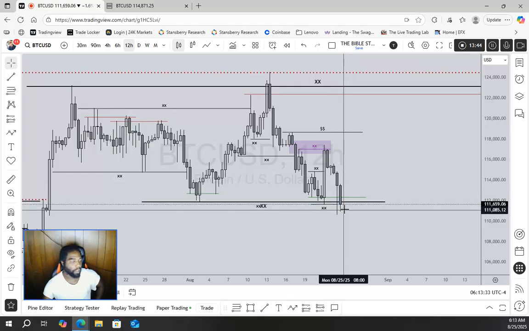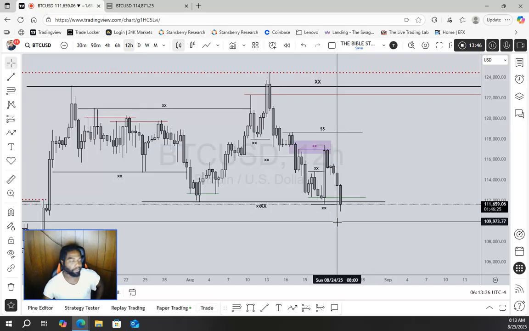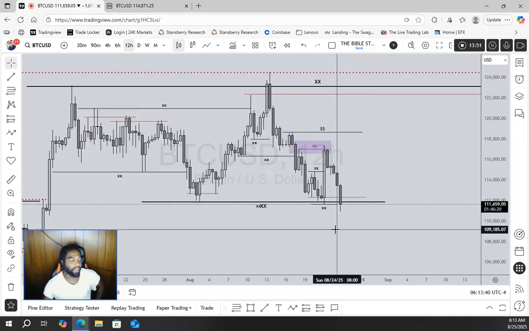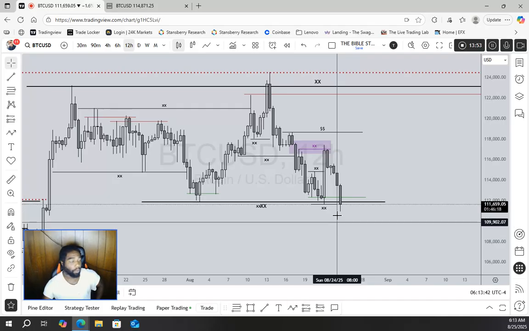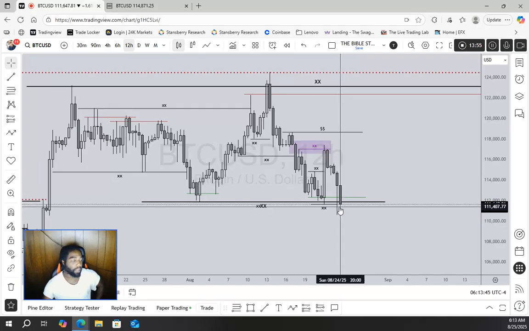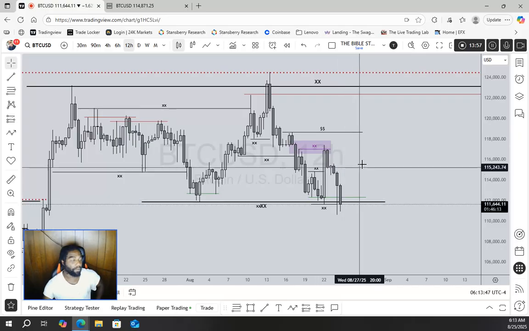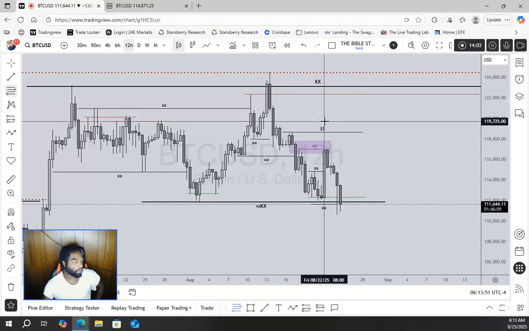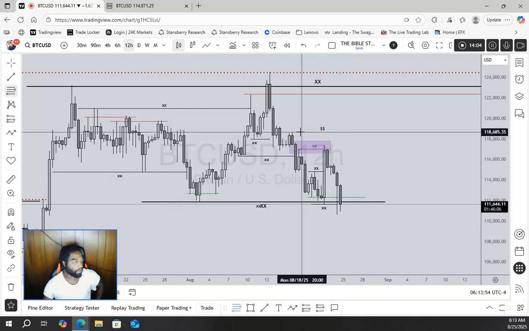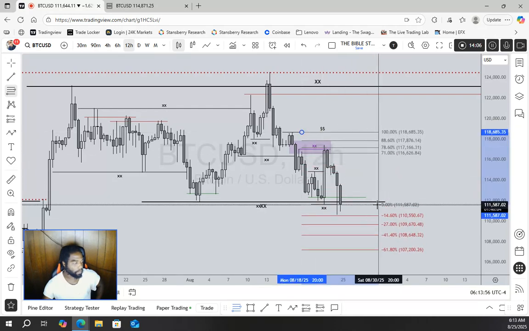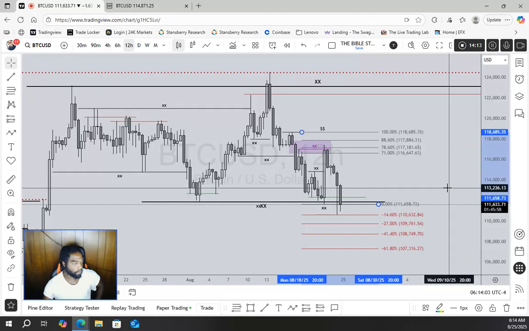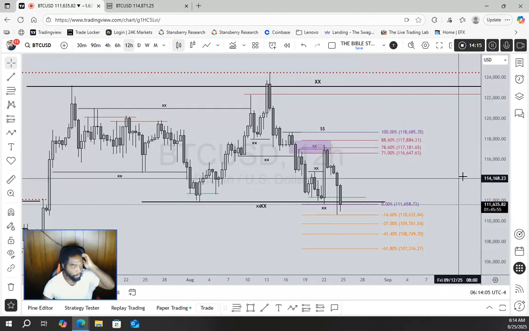So we can also identify this as a failed continuation, which also will put us in the mindset of a reversal where price will push up. We wanted to throw the fib on. This is what it would look like.